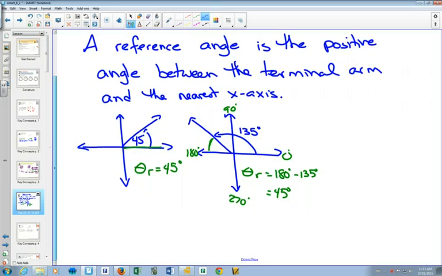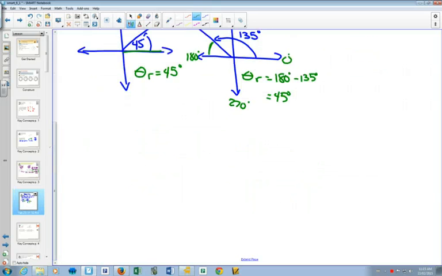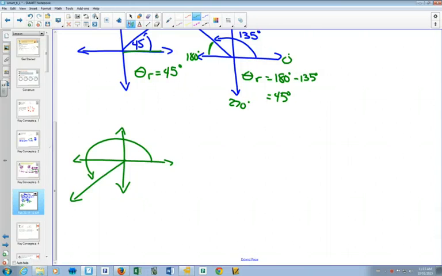In quadrant 3, there's an angle in quadrant 3. My reference angle to the nearest x-axis would be this one. If I want that reference angle to be 45 degrees, what would I need my original angle to be? 225.